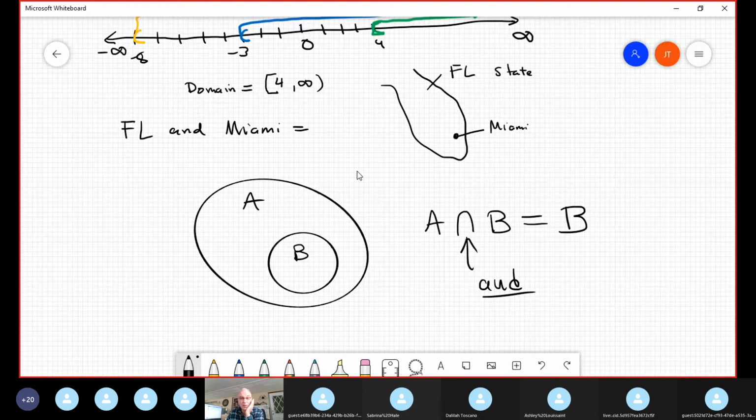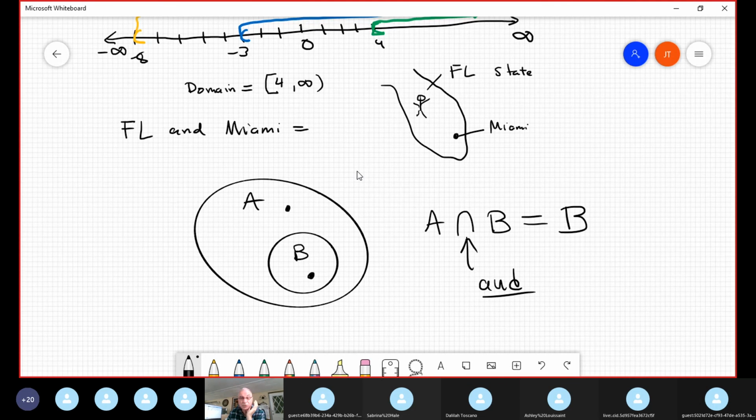For example, I pick one city, suppose B is Miami. I live in Miami and I live in Florida. But another person lives in Florida, but not in Miami, maybe in Naples, another city.